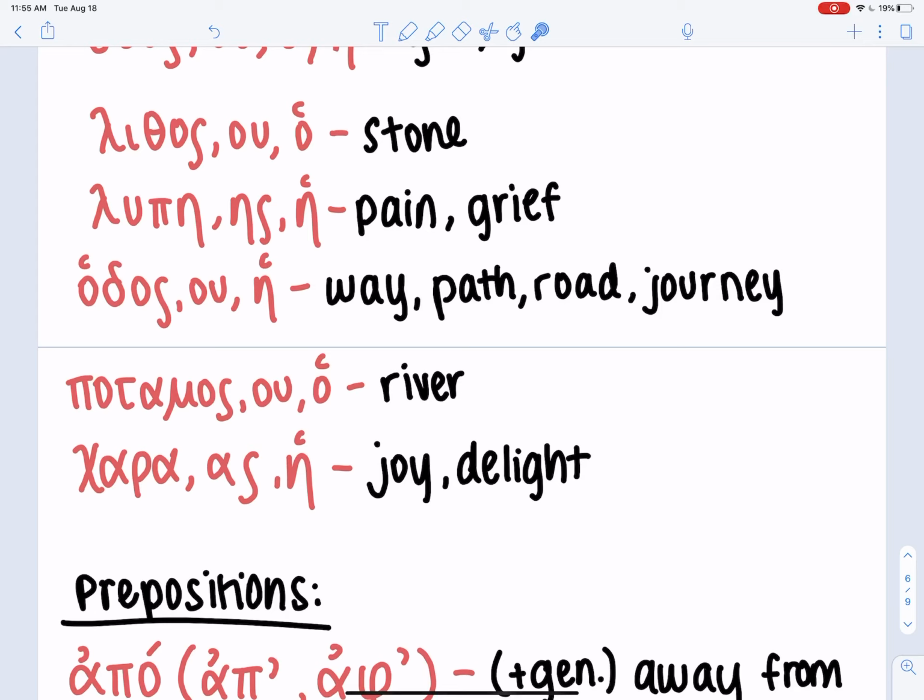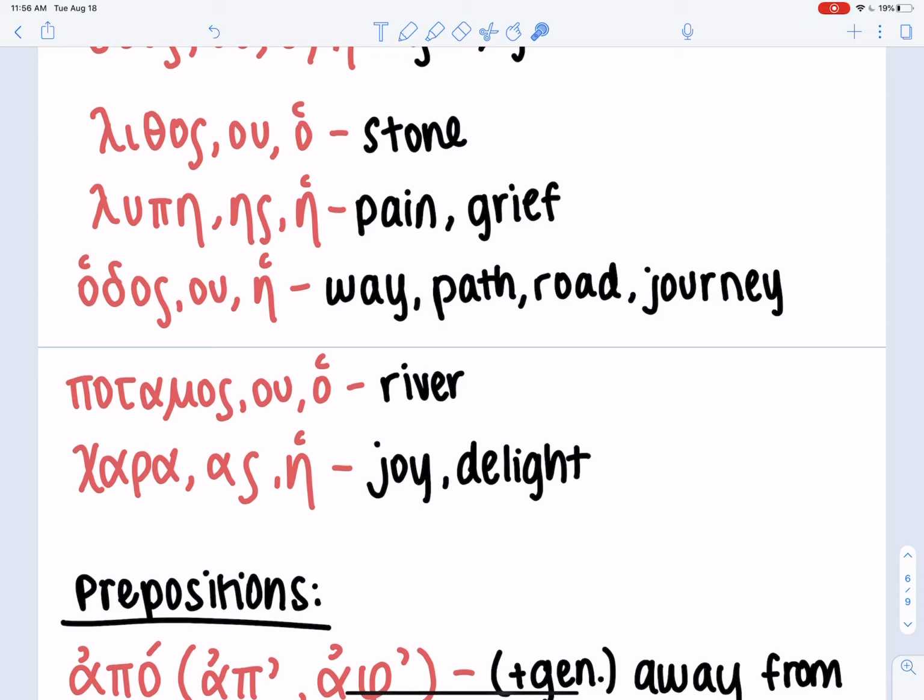And this is way, path, road, or journey, all of the above. However, it makes most sense in this sentence. Okay, then we have potamos, ho, which means river. And so hippopotamus is river horse, which I was going to go into earlier, but I didn't want to get too confusing.